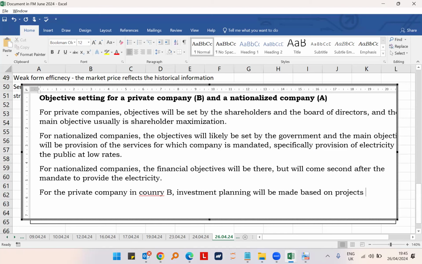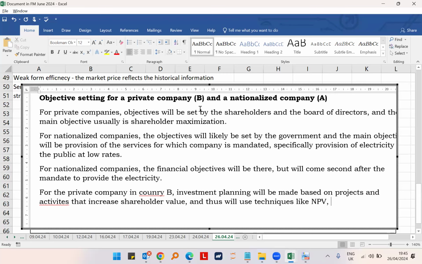projects and activities that increase shareholder value, and thus will use techniques like net present value, okay, to invest, or to make the decisions.